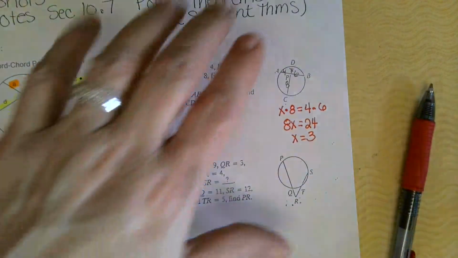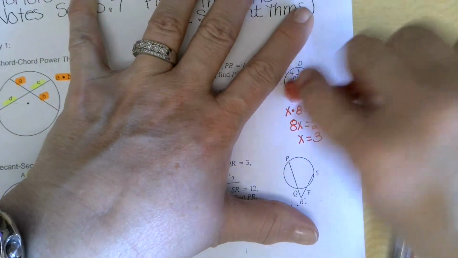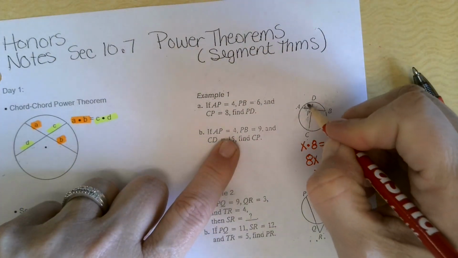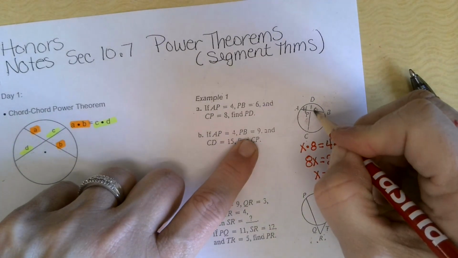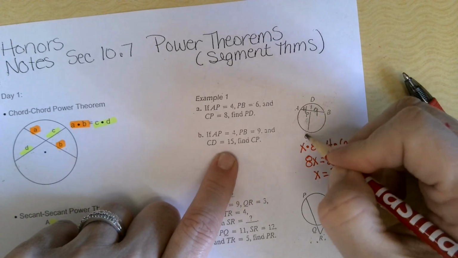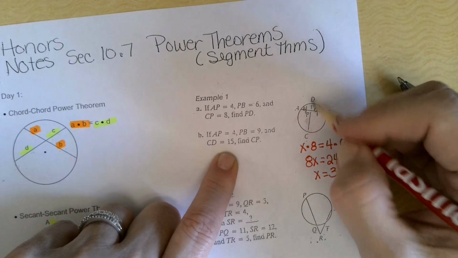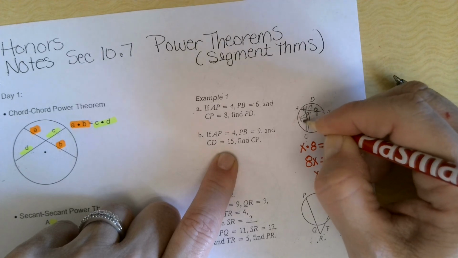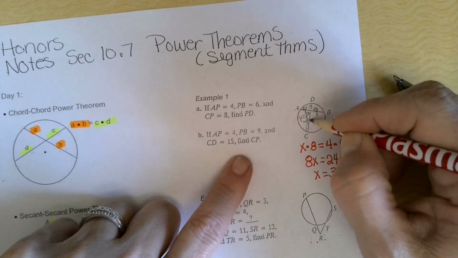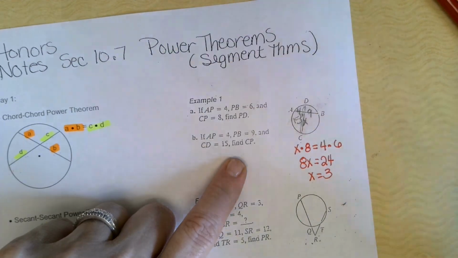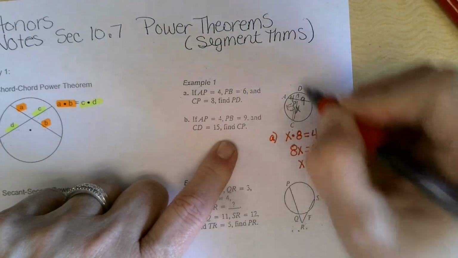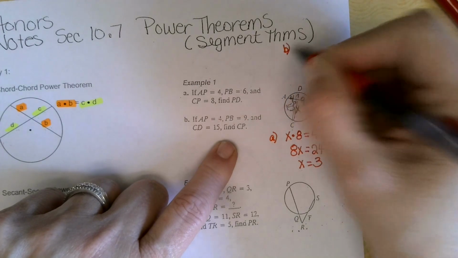Okay, the second problem. If AP is 4 and PB is 9 and CD is 15, so the whole thing is 15, find CP. So in this problem, we have to do a little bit of configuring. So I'm going to put this was problem A, and I'll do problem B up here.